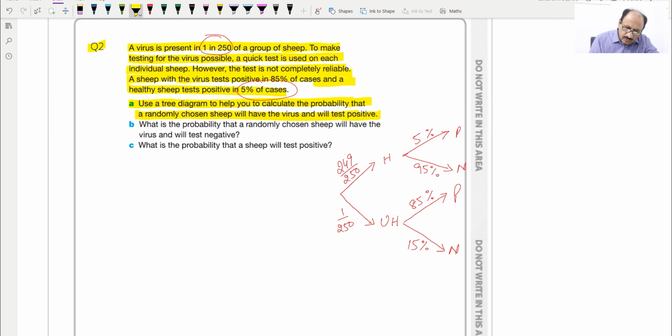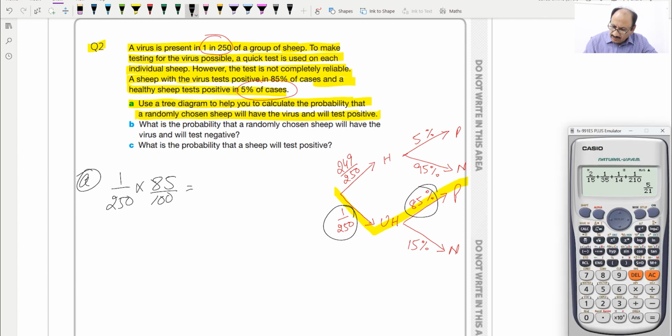So we can take this route, will have virus and test positive will be this route. So the probability for A part will be 1 over 250 multiplied by 85%, or 85 over 100, and we can simplify.